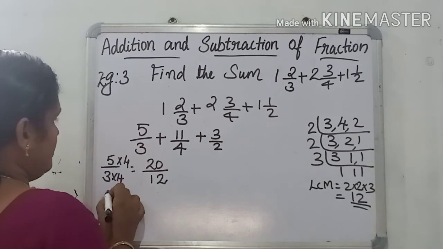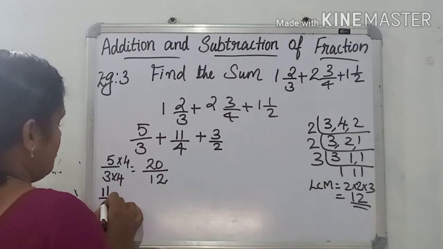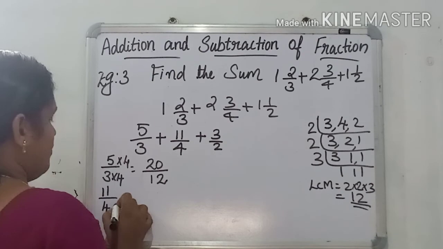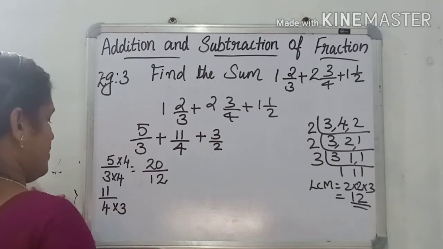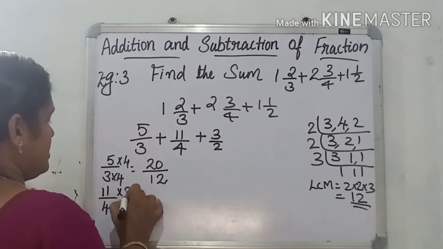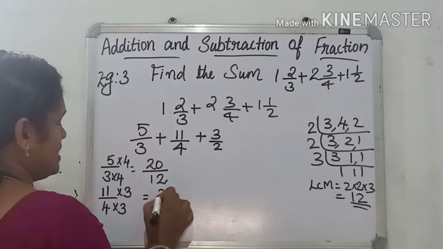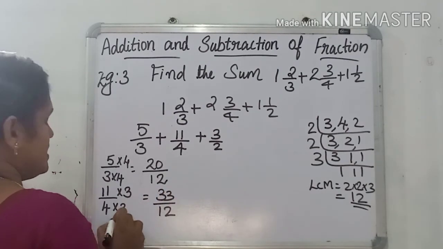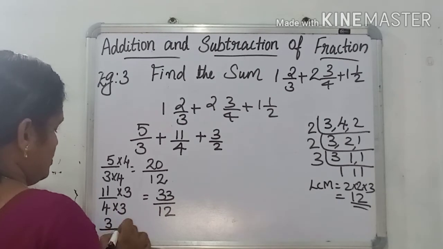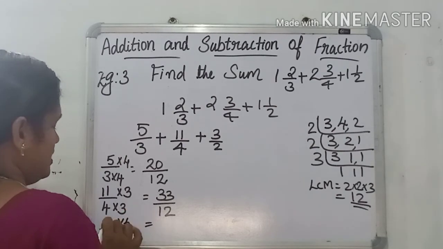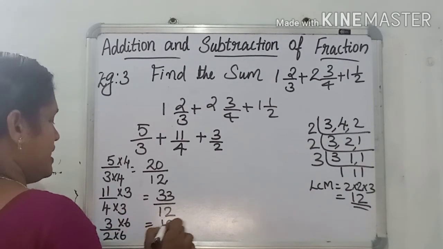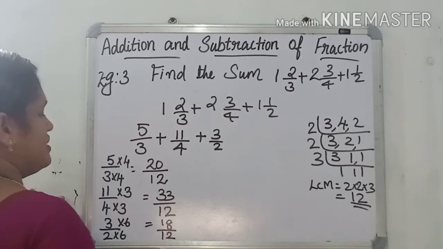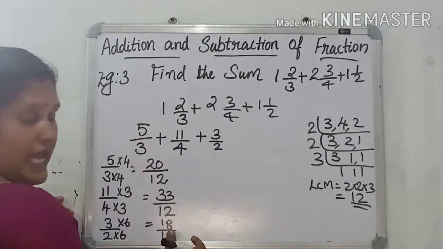Then next 11 by 4. 4 into 3 equals 12, multiplied by 3, which is equals 33 by 12. Next is 3 by 2. 2 into 6 equals 12. 3 into 6, which is equals 3 6s are 18 by 12. Now all are like fractions.